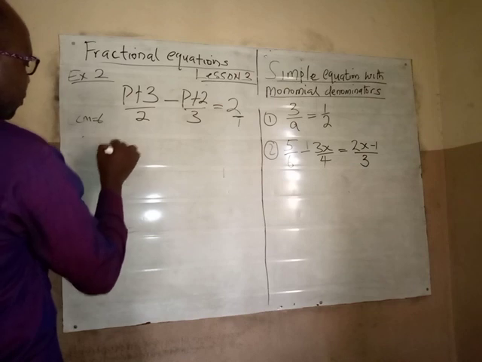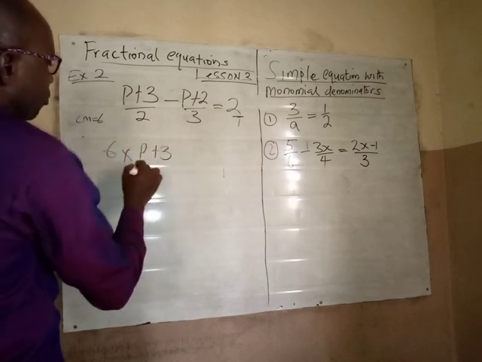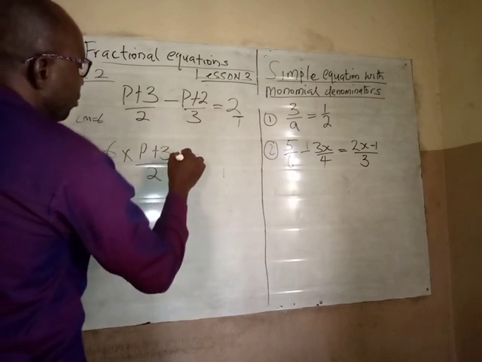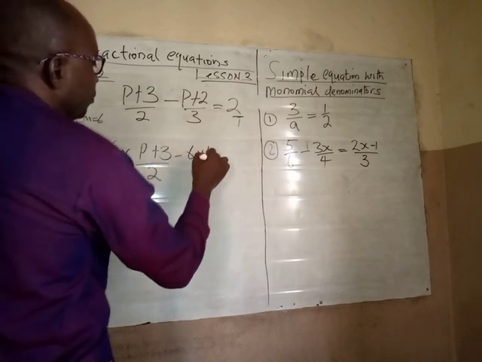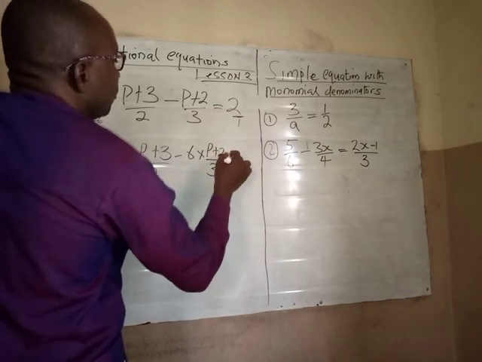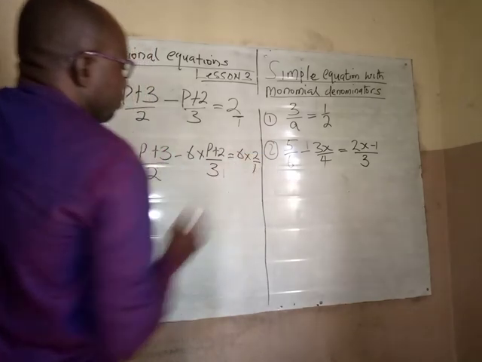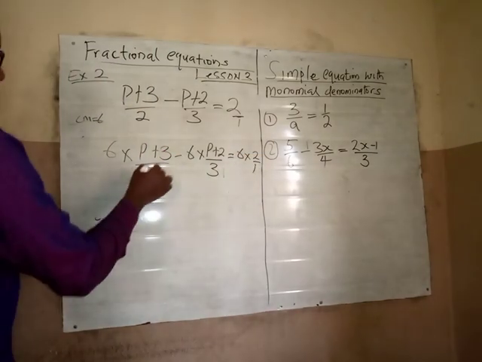So what we now have is 6 times p plus 3 over 2, minus 6 times p plus 2 over 3, equals 6 times 2 over 1. You can cancel that.